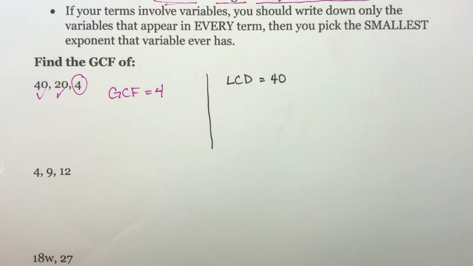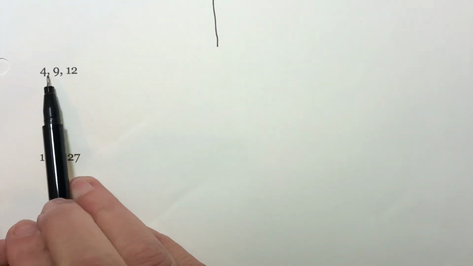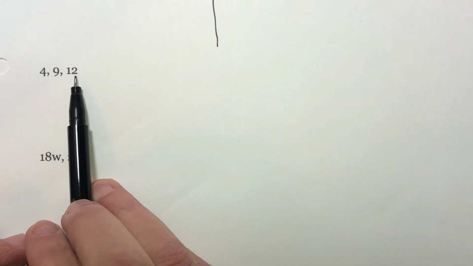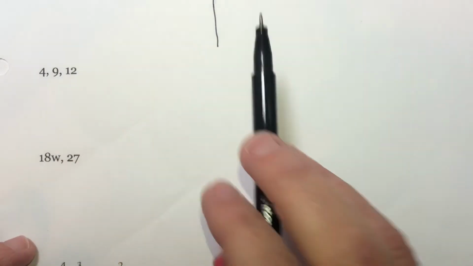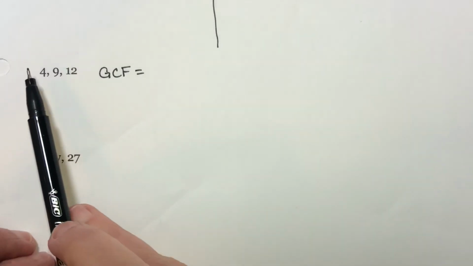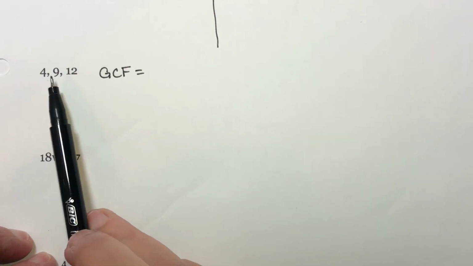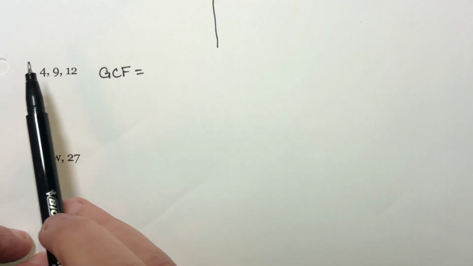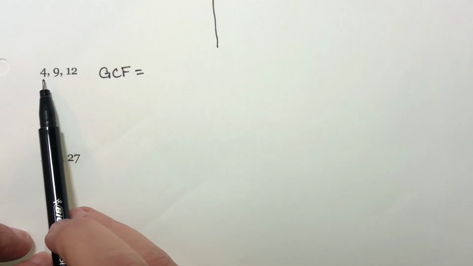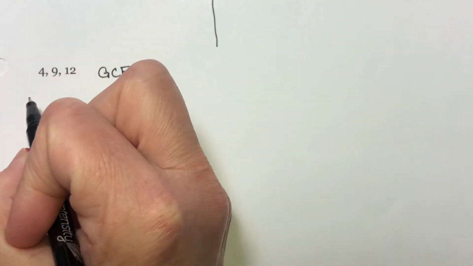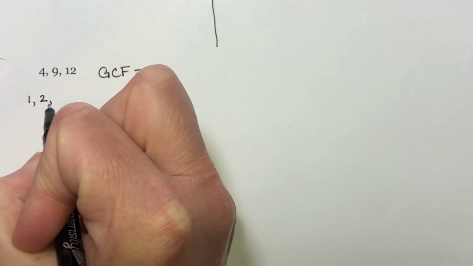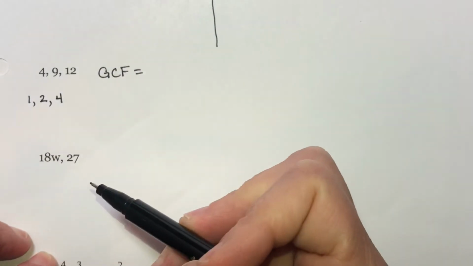Now, let's look at this one: 4, 9, and 12. My GCF cannot be larger than 4. Does 4 divide into 9? No. 4 does divide into 12, but I need it to go into all of them. So I start thinking of other numbers that divide into 4. Things that divide into 4 are 1, 2, and 4. 3 doesn't divide into 4.